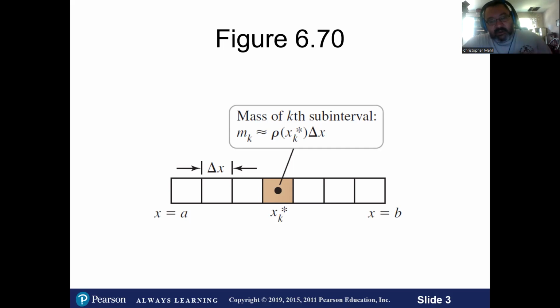The width of all those subintervals is delta x, and so the mass of the kth subinterval would be about the density at xk star times delta x, just like you see in this image here. Pretty basic setup, similar to what we do with every integral. And now we're going to take all of those subintervals and add them together.